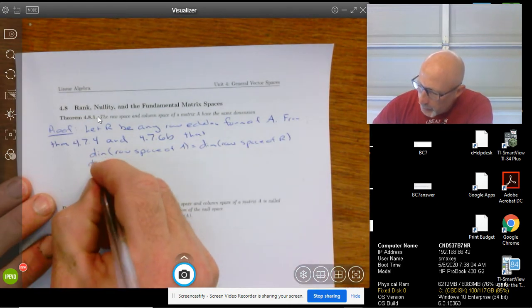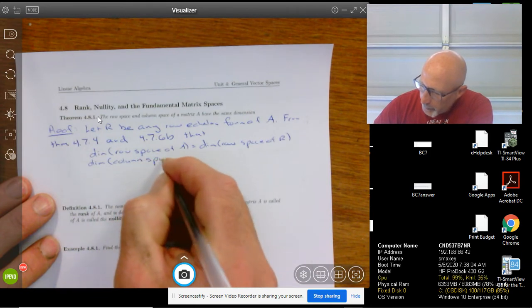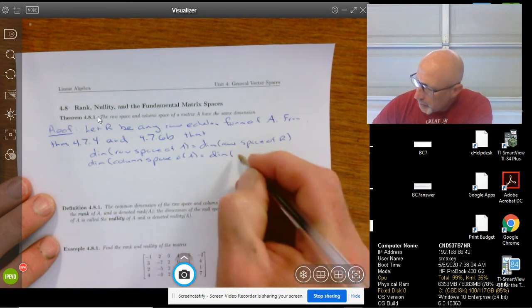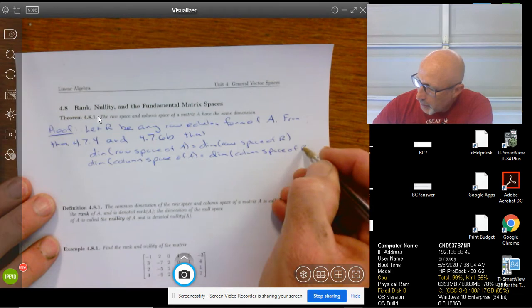Furthermore, I know the dimension of the column space of A is equal to the dimension of the column space of R.